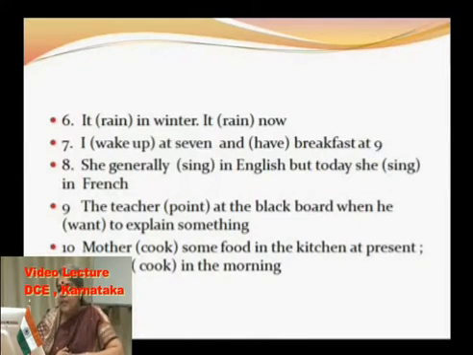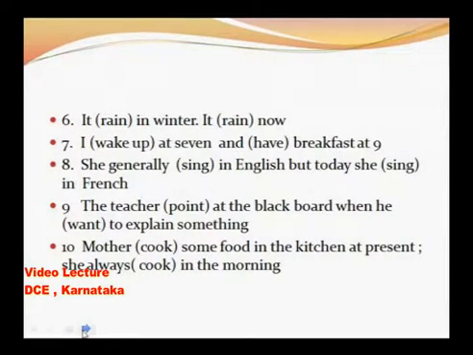Let's look at the 6th sentence. It (rain) in winter, it (rain) now. The hint is that I have begun the sentence with which word? Third person singular? Yes, third person singular, it.